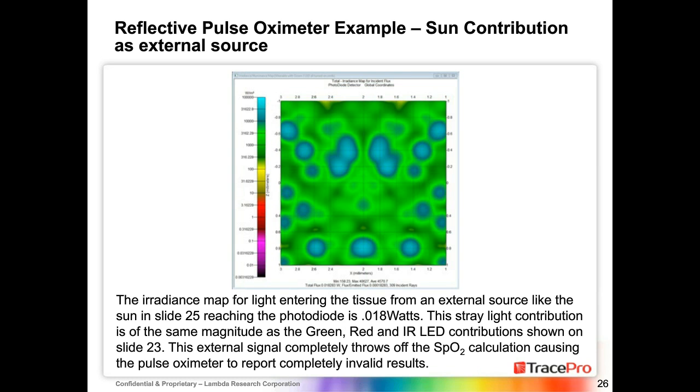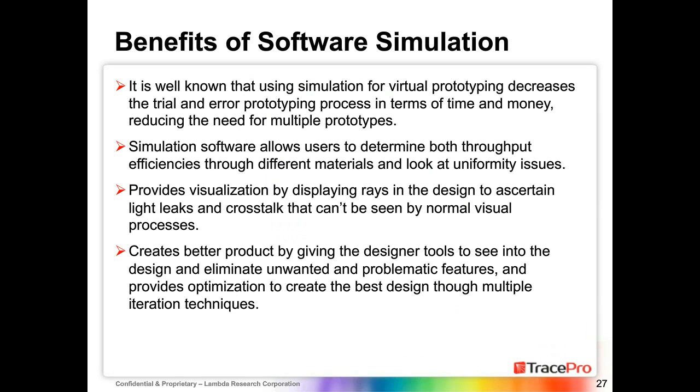This stray light contribution is on the same magnitude as the green, red, and the IR LEDs. So this is going to completely throw off our SpO2 calculation, causing the pulse oximeter to report completely invalid results. So having the sun involved is a very, very bad thing. And these stray light issues can be a very poor capability in terms of getting a good reading.